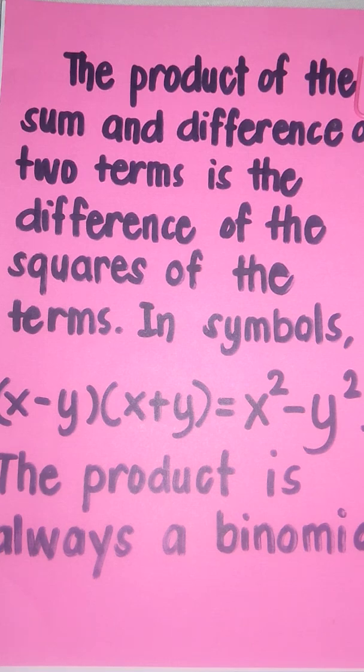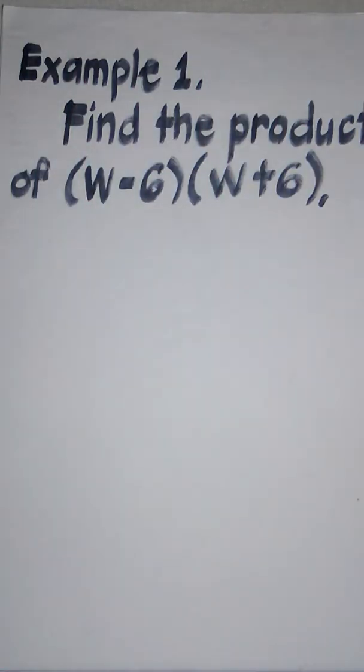So again, I will give you some examples wherein the last example will be a word problem where we can apply the product of the sum and difference of two terms. For us to better understand what we are going to discuss today, let me give you some examples. Let's have the first example.